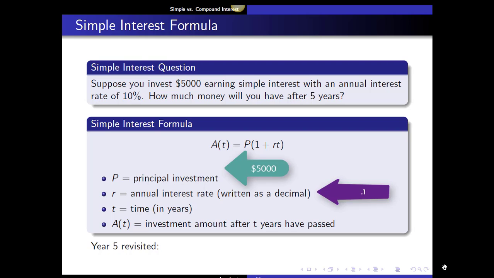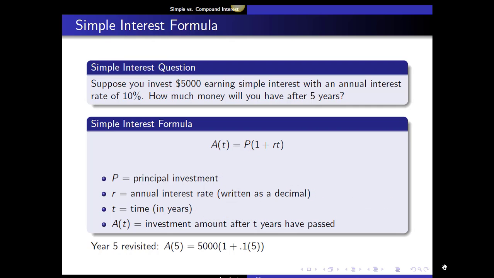Our time in years is 5 years, hence year 5 revisited. And so now we just want to find the total investment amount after t years have passed. In this case, t is 5, so we have A(5), and that should equal 5,000 times 1 plus 1/10 times 5. You can simplify that to 5,000 times 1.5 or 7,500.